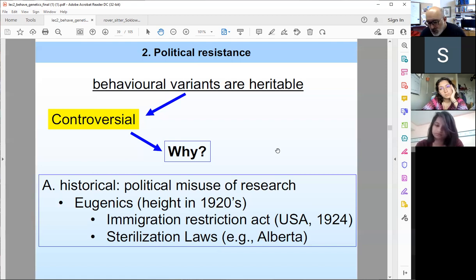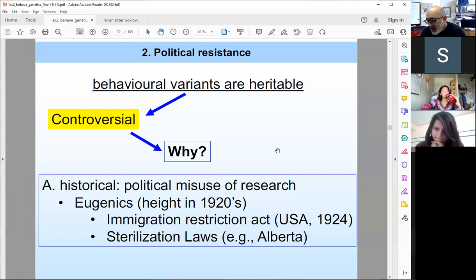The UK also, as I've mentioned in my evolutionary biology class, had scientists who contributed to our understanding of evolution and behavior who espoused some of these horrible ideals around eugenics. Even in Canada, we've had sterilization laws. In Alberta in particular, people who were considered mentally defective were sterilized.